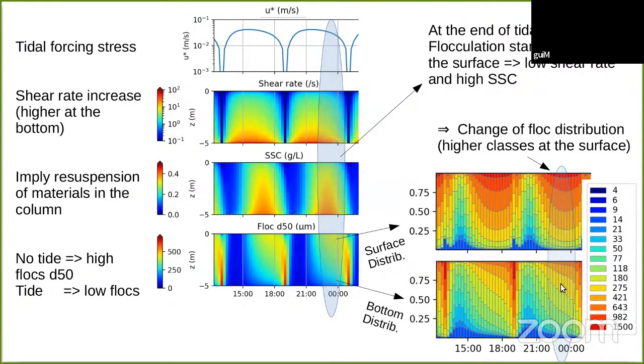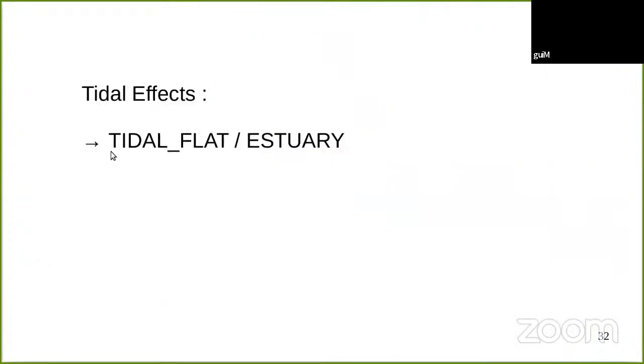It's totally different at the bottom, where we have a change of distribution with lower values. So this is an example, and that's it for the settling toy.